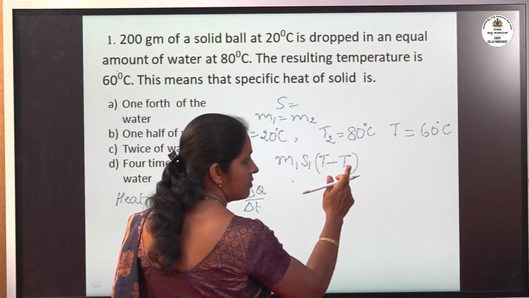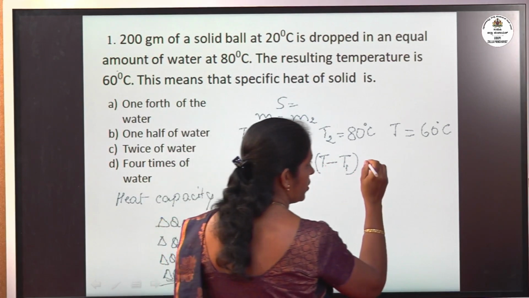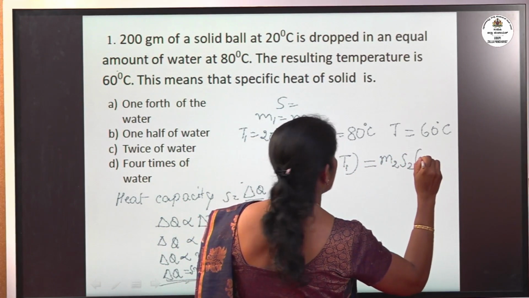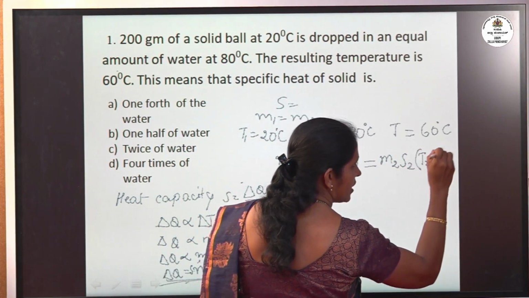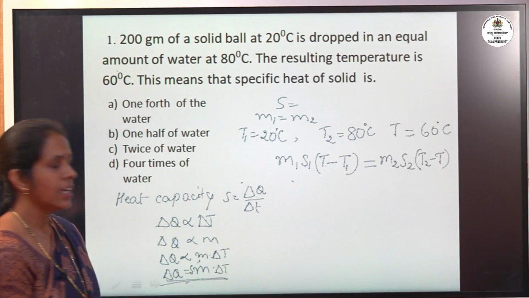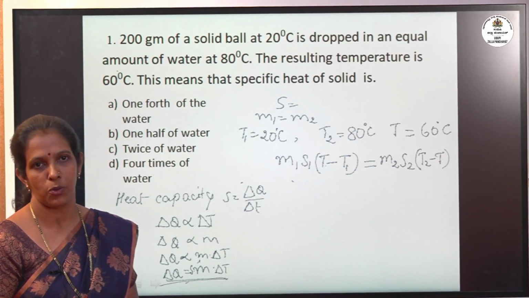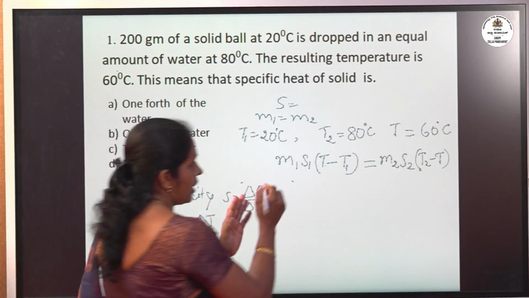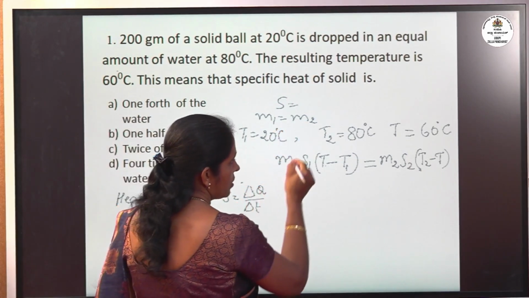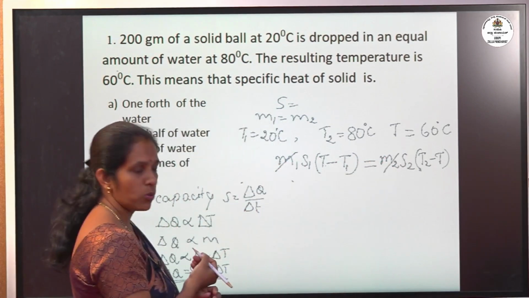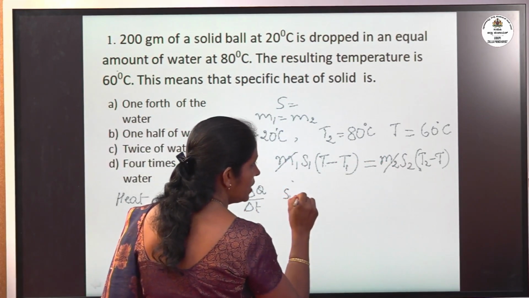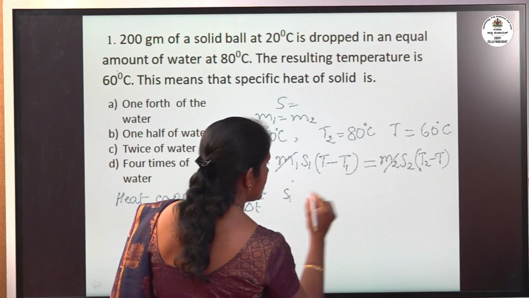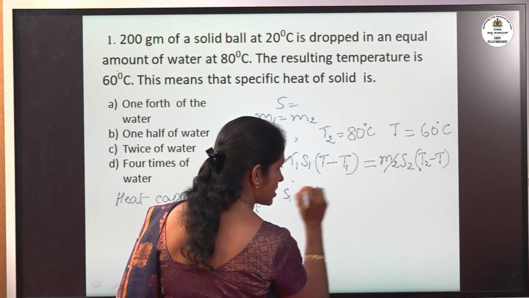T minus T1 is the increase in temperature of the cold body, which is equal to M2S2 into T2 minus T, where T2 minus T is the heat lost by the hot body. Decrease in temperature of the hot body. It is given M1 is equal to M2, therefore we can cancel M1 and M2 on both sides. Or S1 into T minus T1. T is 60 degrees Celsius, temperature of the mixture is 60 degrees Celsius.